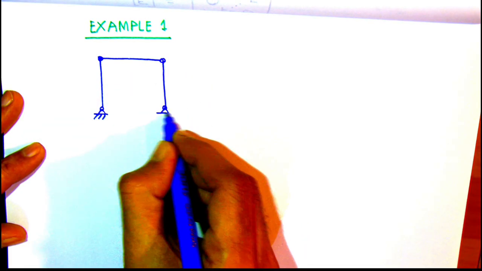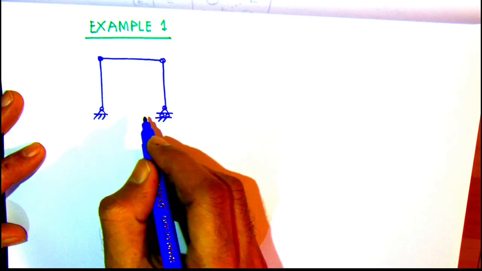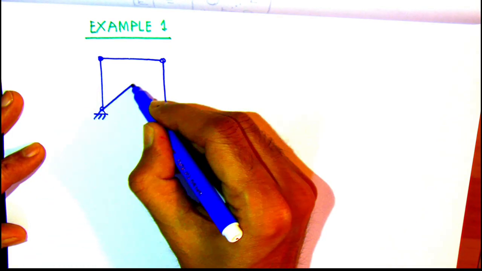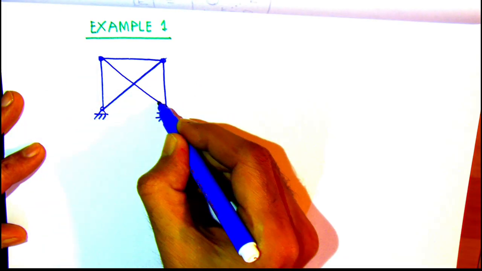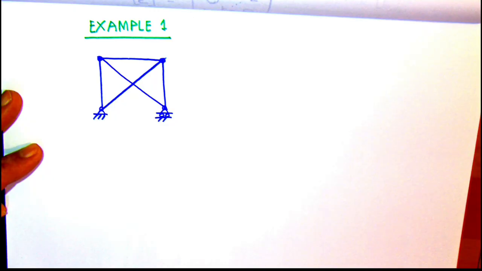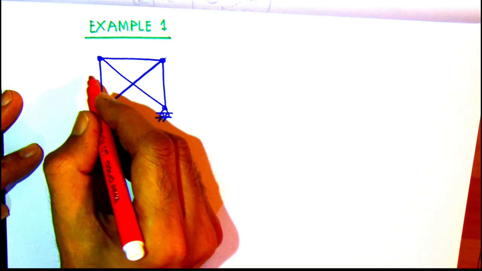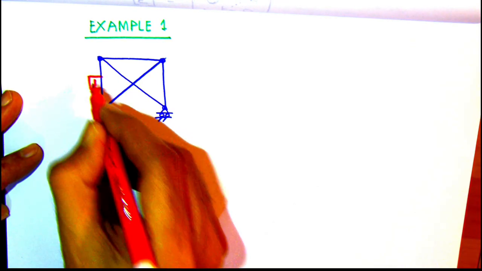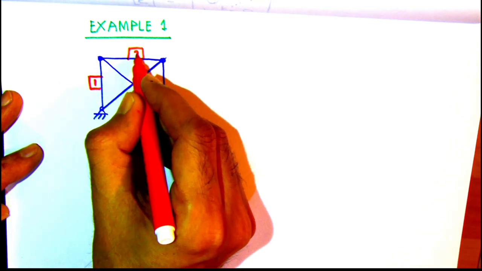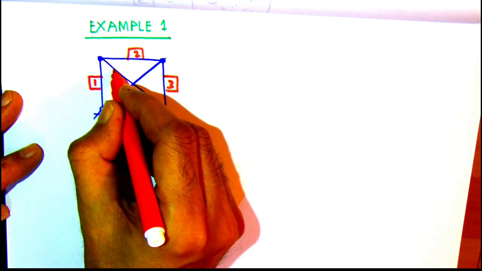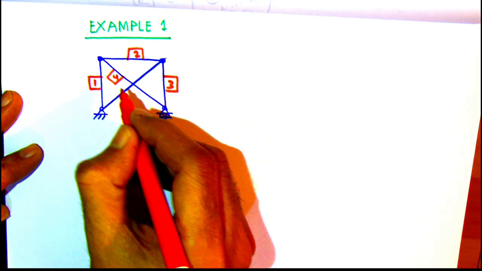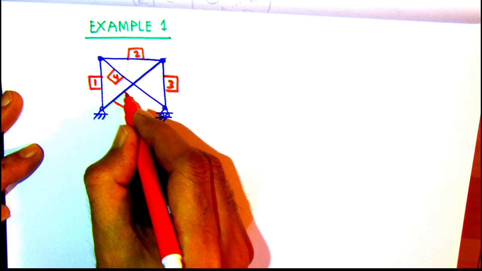So this is a truss structure having a total of 5 members, a rectangular truss. We have the diagonal elements also, such that they are crossing each other, however without any connection between the two cross braces. So we are numbering the members 1, 2, 3, the exterior members, and then the braces are numbered as 4 and 5.